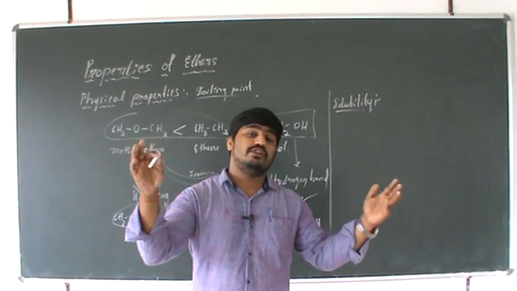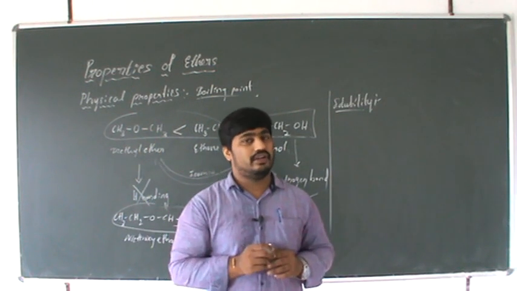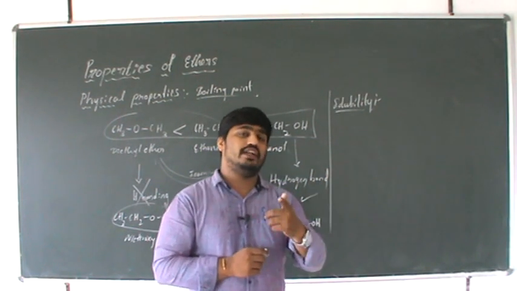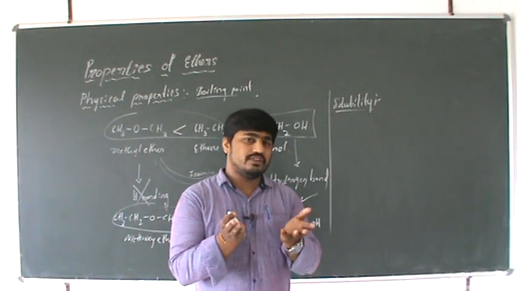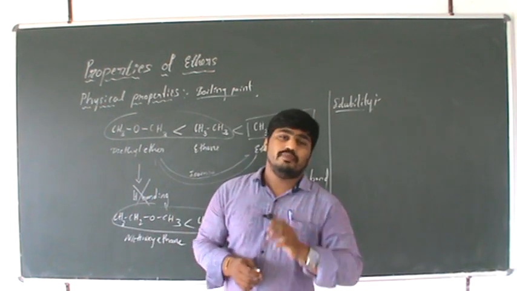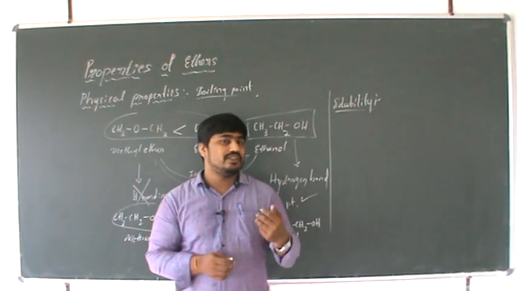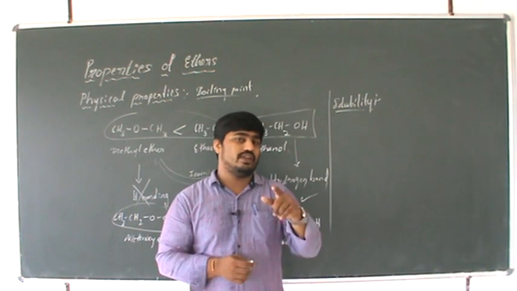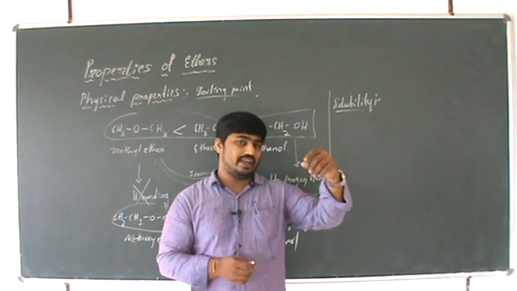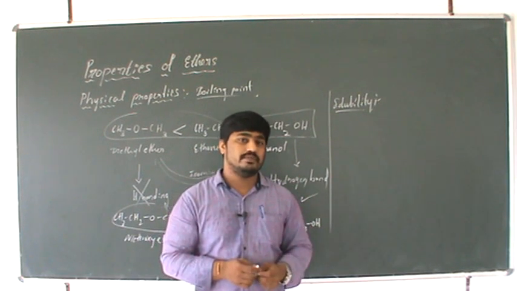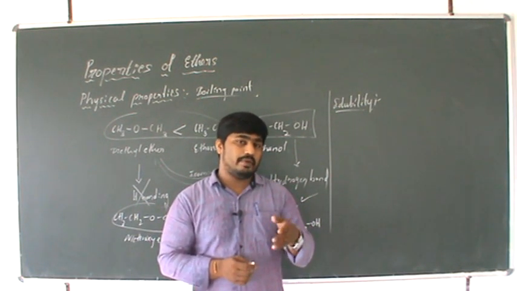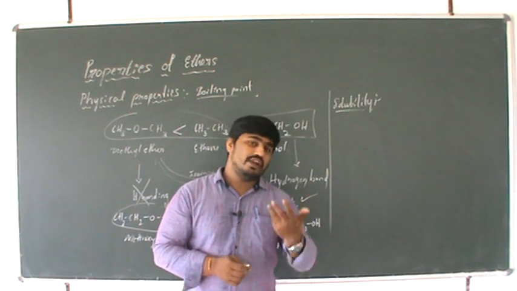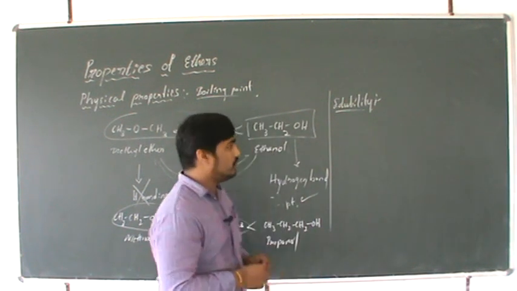The higher members of ethers are insoluble in water, as we studied in alcohols. In the case of alcohols also, lower alcohols are soluble in water and the higher members are insoluble because as the alkane chain increases, the insoluble part increases. Because of that, solubility decreases. Correct?